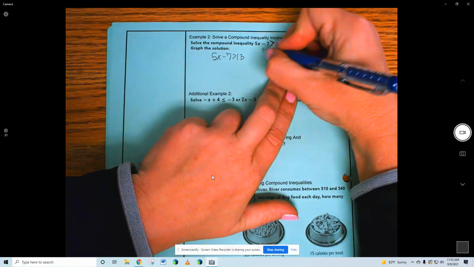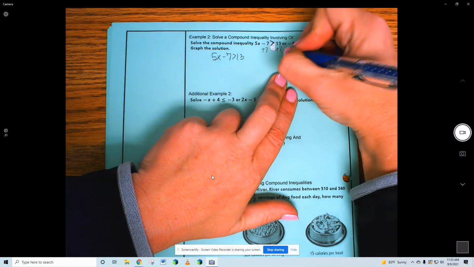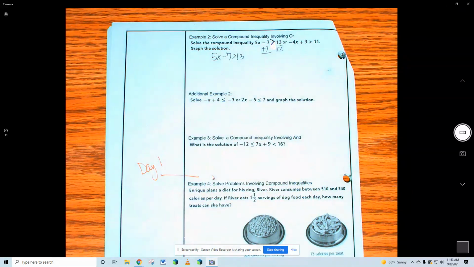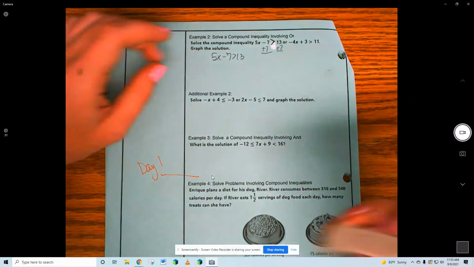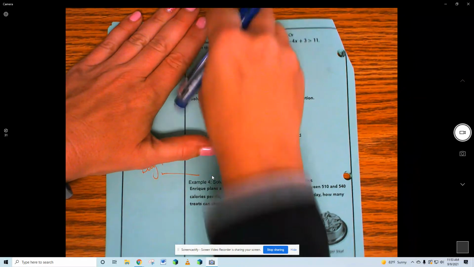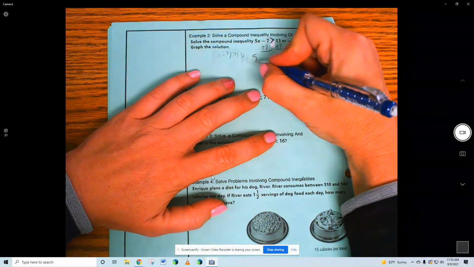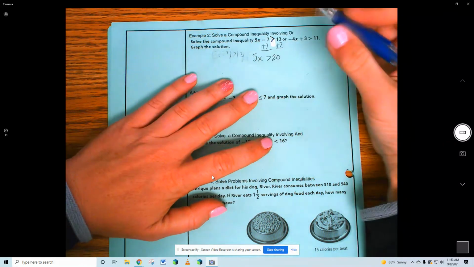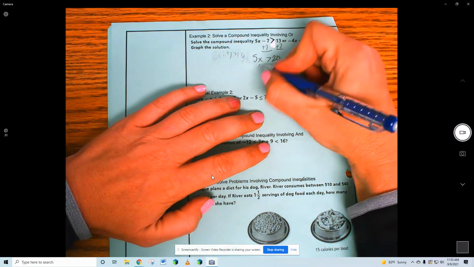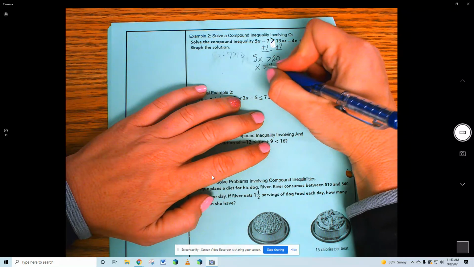So you add 7 to both sides. Five x is greater than 20. X is greater than 4.